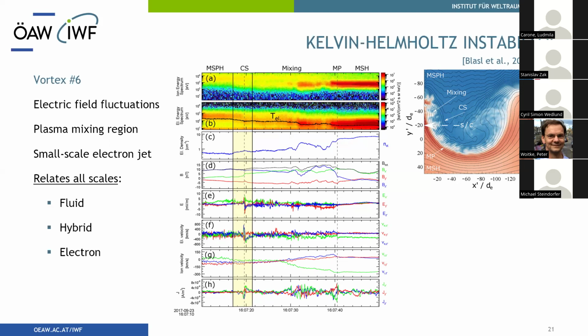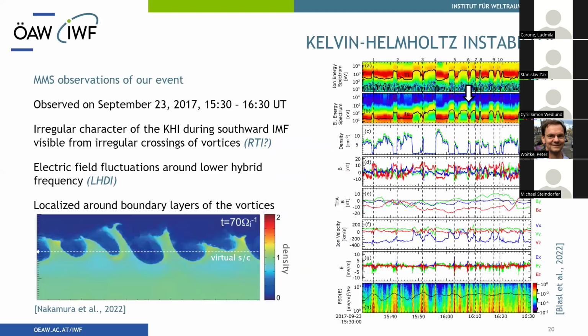That's a very good question. For the northward cases, what you would usually expect is these very nicely rolled up shapes. The point is that this instability does not only depend on the global IMF configuration, but locally you can still have complicated magnetic field configurations, which could, for example, lead to reconnection at these boundaries.